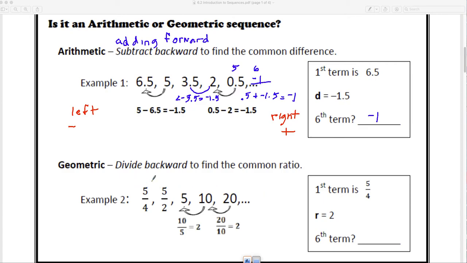And now it says, okay, what's my sixth term? So this is term 1, this is 2, this is 3, 4, and 5. So we're looking to see the sixth term right here at the end. I divided backwards, so what am I going to do going forwards? I'm going to multiply.